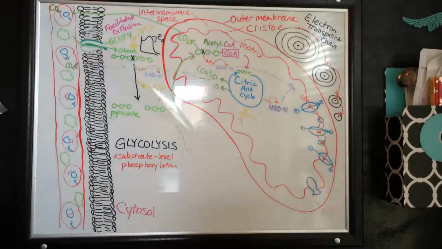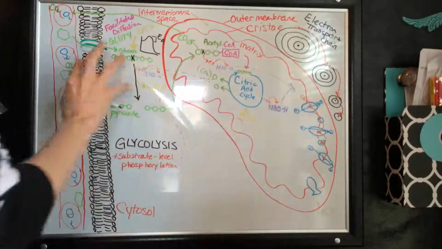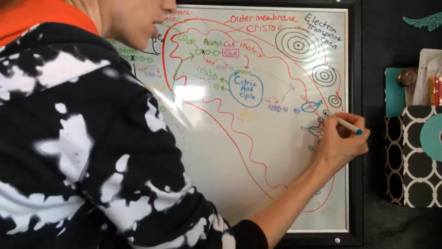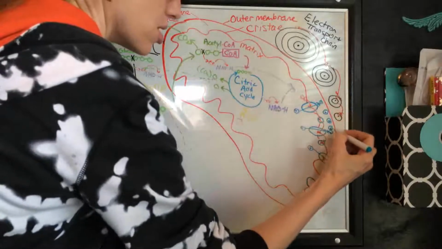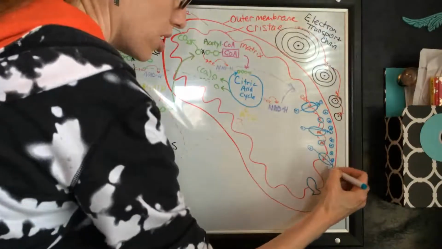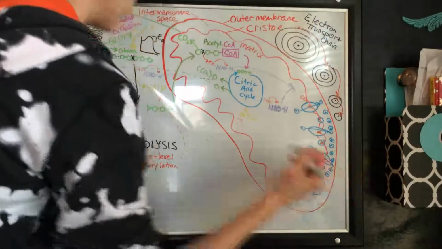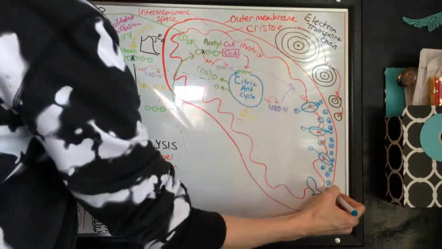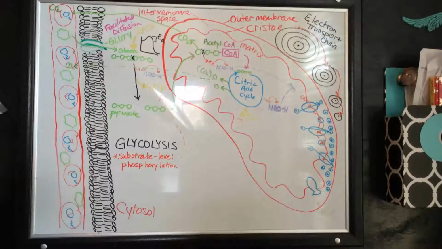And so you'll see that as all these electrons from the whole process get passed down, we end up with a situation like this, where we have a whole bunch of protons in the intermembrane space. So we've built up a proton gradient by using the electrons doing active transport.